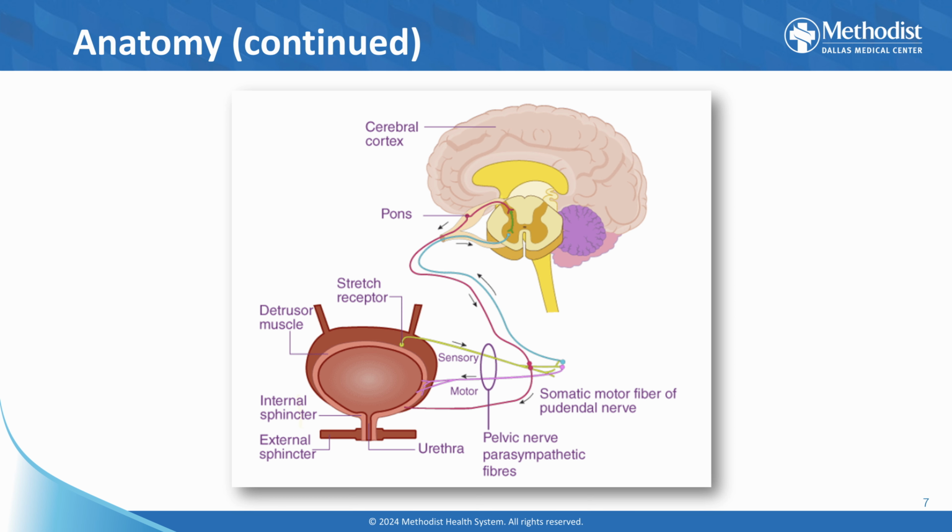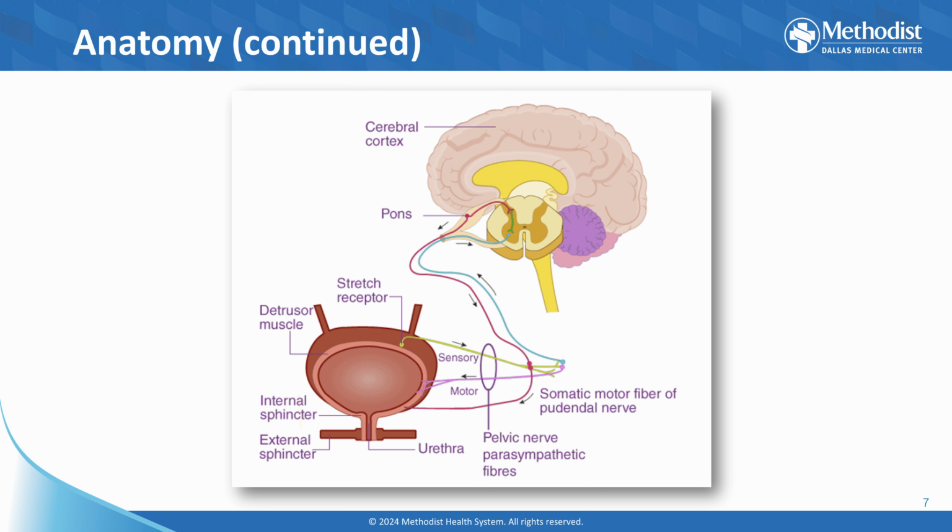I also wanted to show you this confusing slide to show the complex pathway of the storage and elimination of urine. It seems very simple to us, but the sensation of your bladder being full passes through your spinal cord and your brain and then back down to your bladder, to the muscle, to allow you to contract the skeletal muscle to empty your bladder.